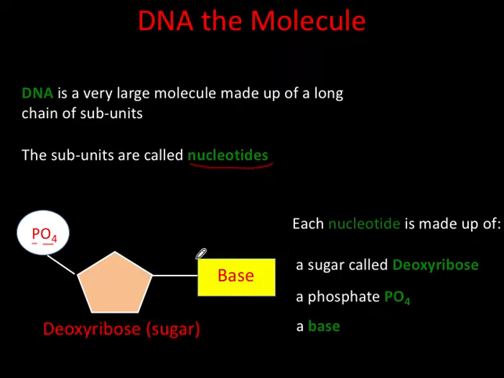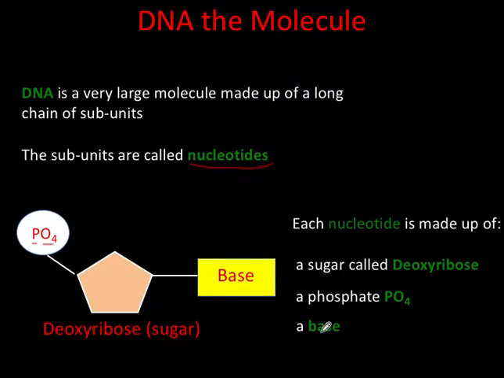I'll get to what the bases are in the next slide. In a test or exam situation, you'll often be asked to draw a nucleotide. It's a basic subunit of the DNA strand. And I would recommend drawing something that looks fairly similar to this. You've got a phosphate compound here that's bonded to a 5-sided deoxyribose sugar, and that's bonded to a base.